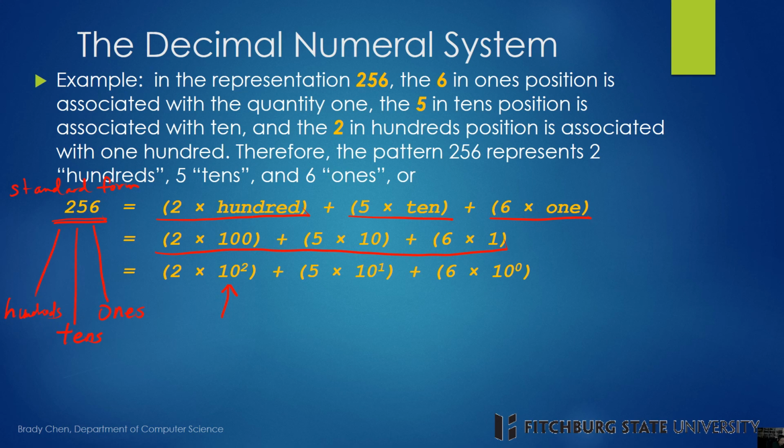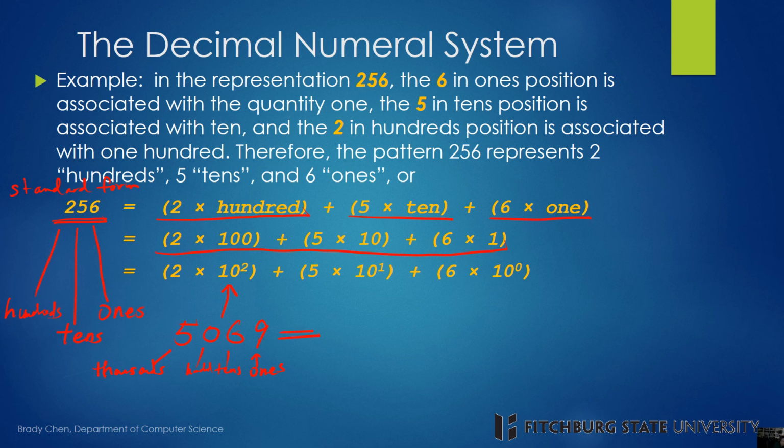Let's take a look at another example. Let's say it's 5069. Okay. Now, in this case, this is the ones position. This is the tens position. And this is the hundreds position. And this is called the thousands position.